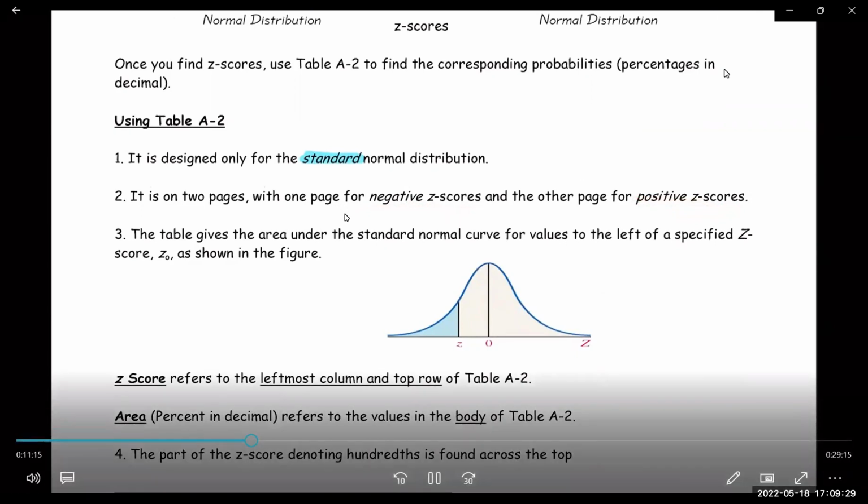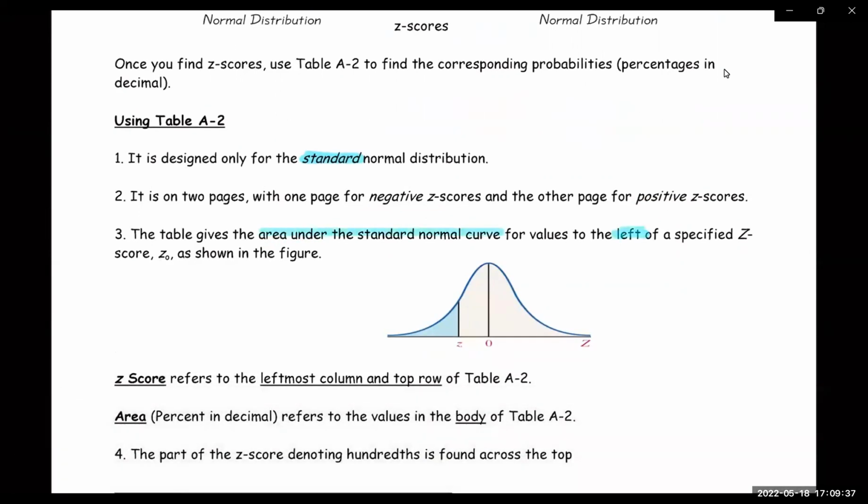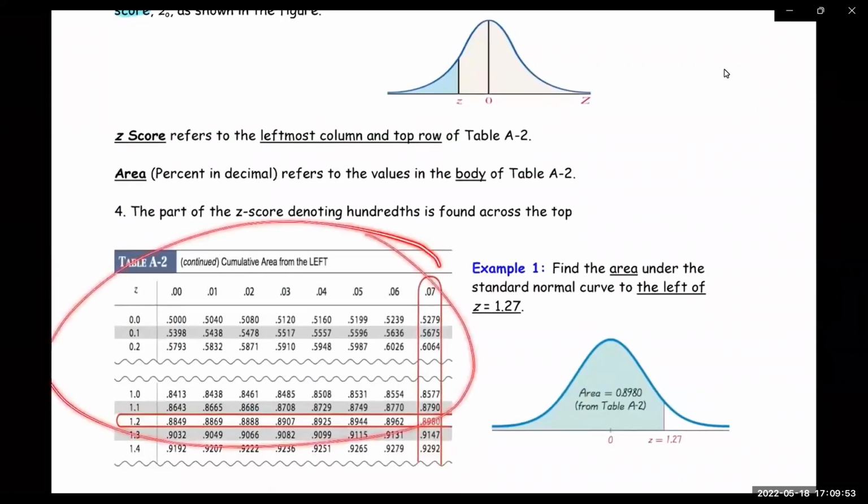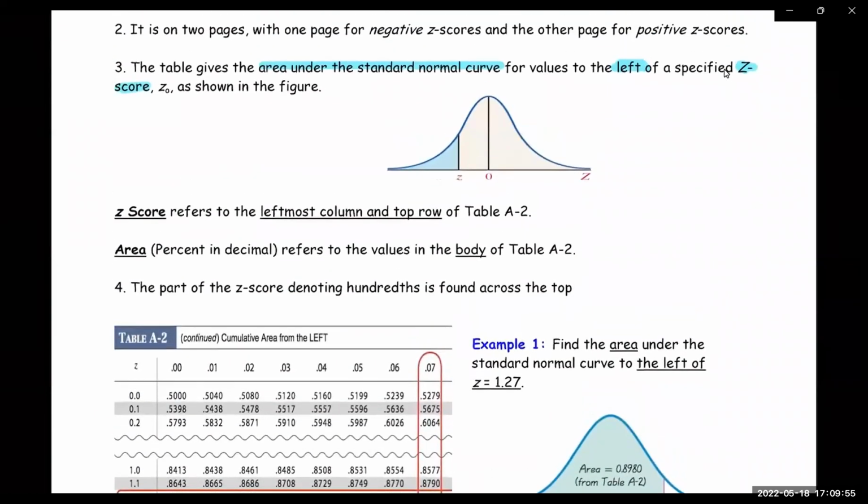So the table is always going to give you the area under the curve to the left of a specified z-score. If the z-score is -1, it's always going to give you the area to the left. It's not going to give you the area to the right, always the area to the left. Let me show you an example. This is what the table will look like. I will provide it for you.